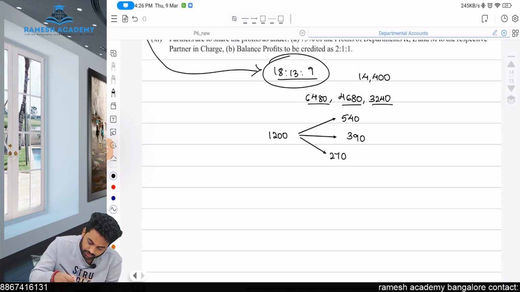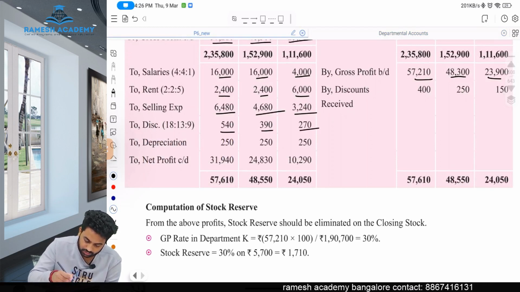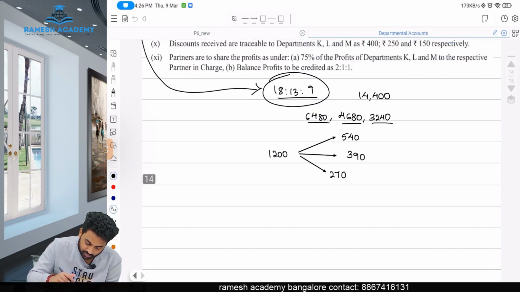So discount is 540, 390 and 270. Done, sir. Next is what?